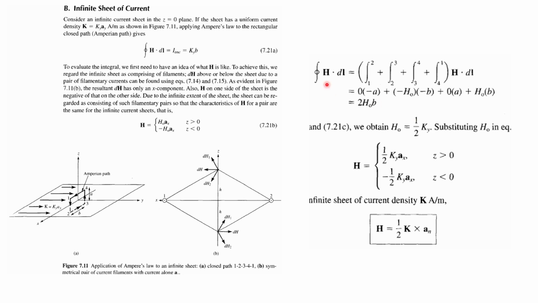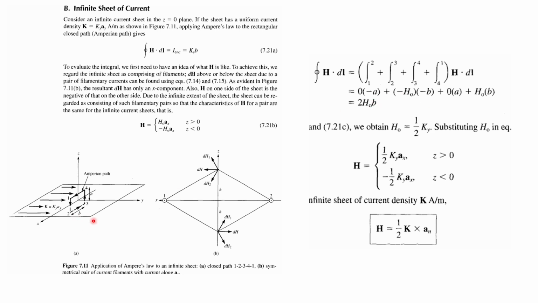Since the current is K in the y direction, the field will have two directions, H in the plus x and H in the minus x direction, either in this direction or in this direction. In the other two directions, your field will be 0.